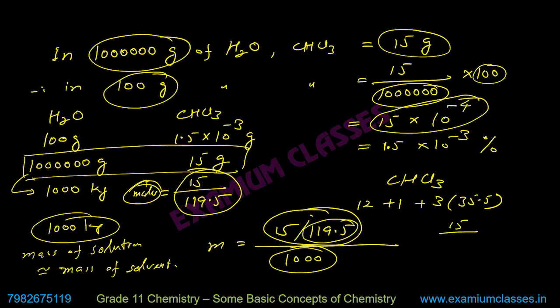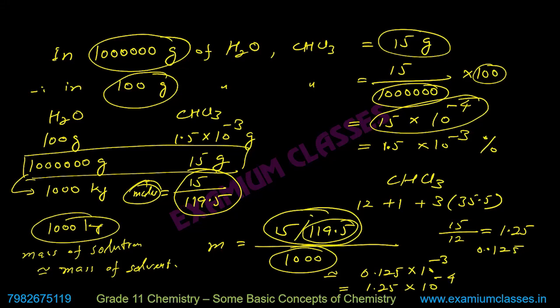If 15 by 12 is 1.25, then 15 by 120 will be 0.125. Approximately, it will be 0.125 into 10 to the power minus 3, that is 1.25 into 10 to the power minus 4. Approximate answer.